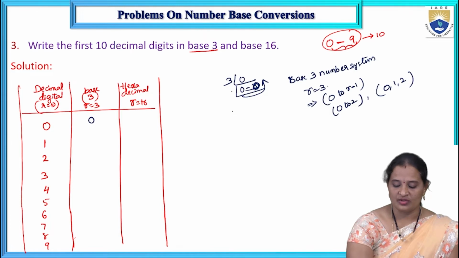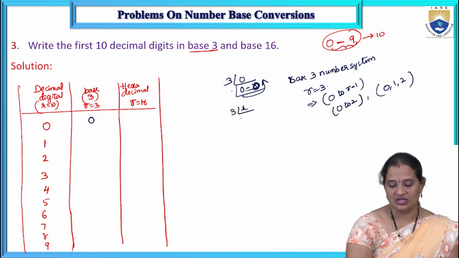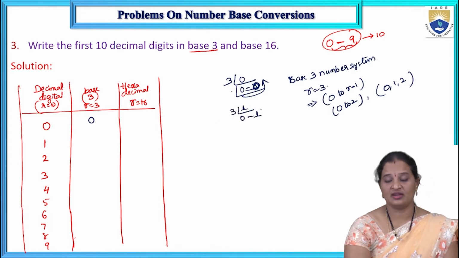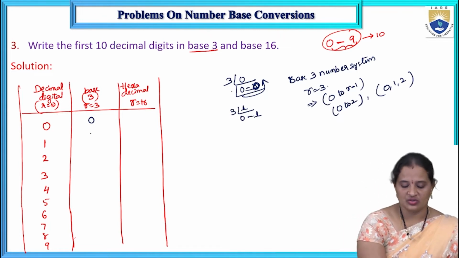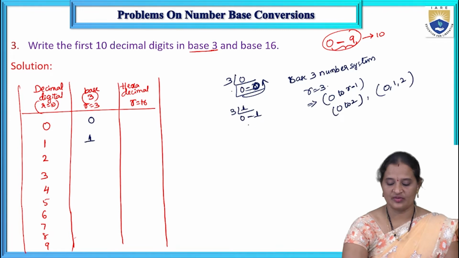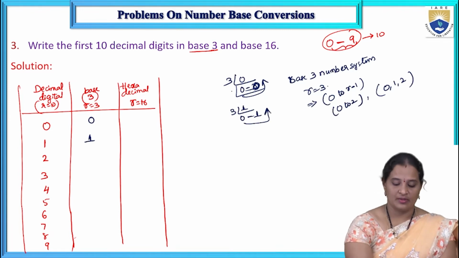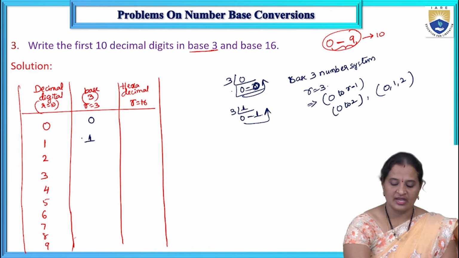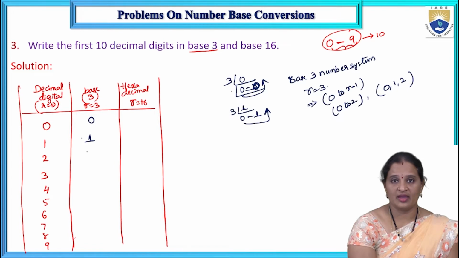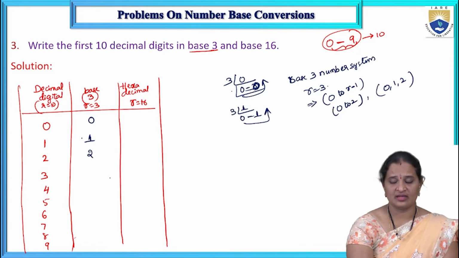Now 1 divided by 3: 3 zeros are 0, and we have a remainder of 1. So this is 1, or else we can also write it as 0, 1. Next, 2. 2 in base 3 can be represented as 2, because these are the valid symbols.